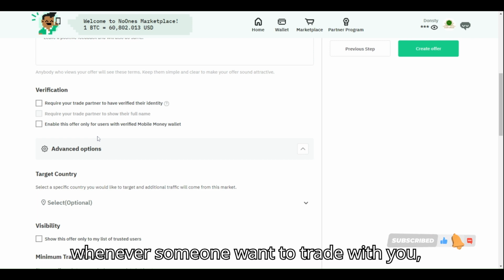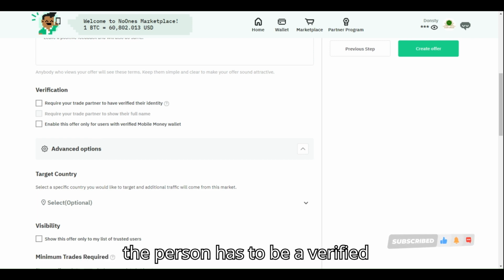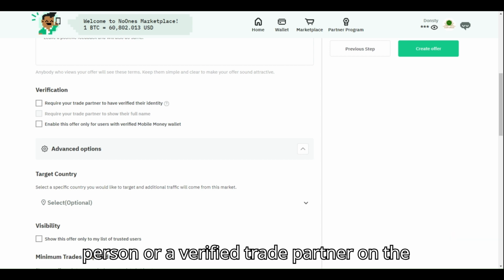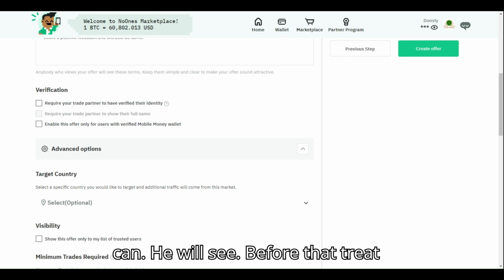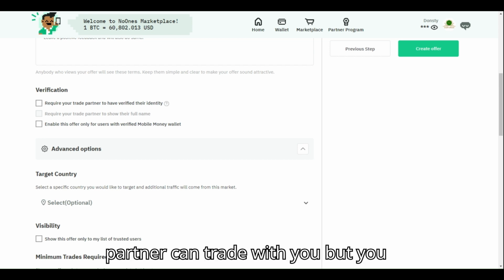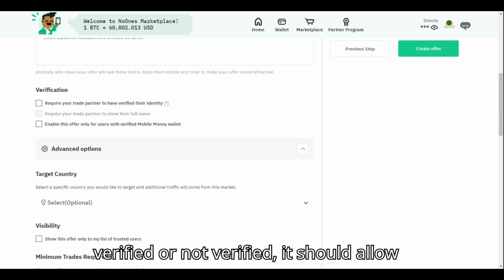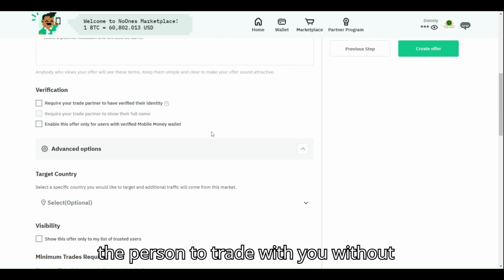So whenever someone wants to trade with you, the person has to be a verified trade partner on the platform before they can trade with you. But it shouldn't be so. If the person is verified or not verified, you should allow the person to trade with you.